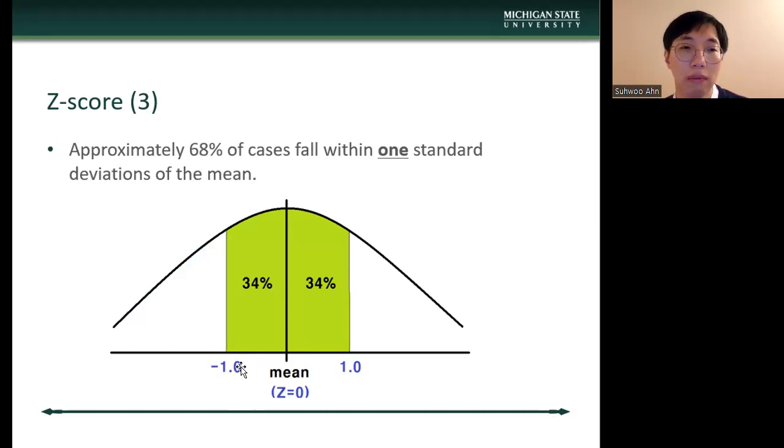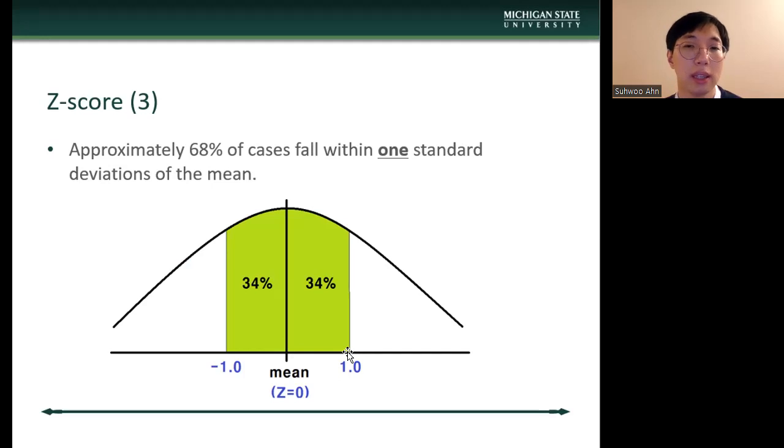So if my exam 2 score has a z-score of -1, it means that my exam 2 score is one standard deviation below the mean. However, if my z-score is 1.0, a positive value, it indicates a value that is one standard deviation above the mean.